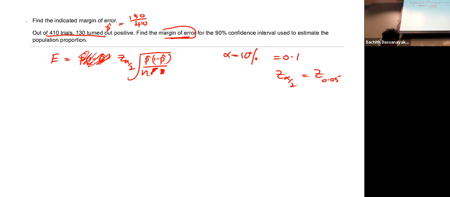Based on that, let me check. Margin of error is 0.0378. I have it in the answers. So this is the E. Okay.